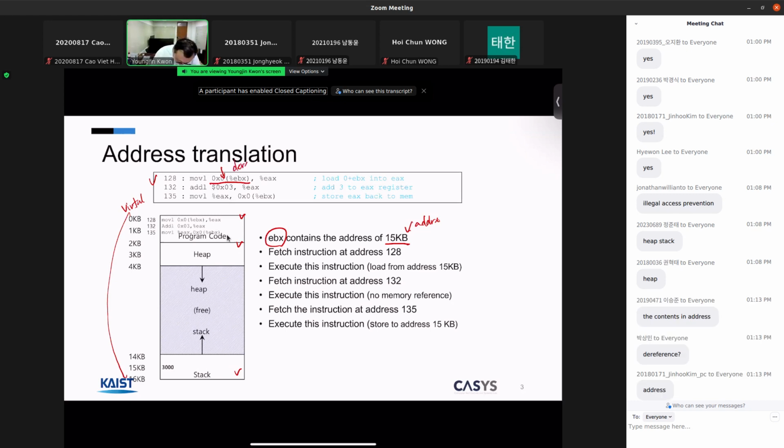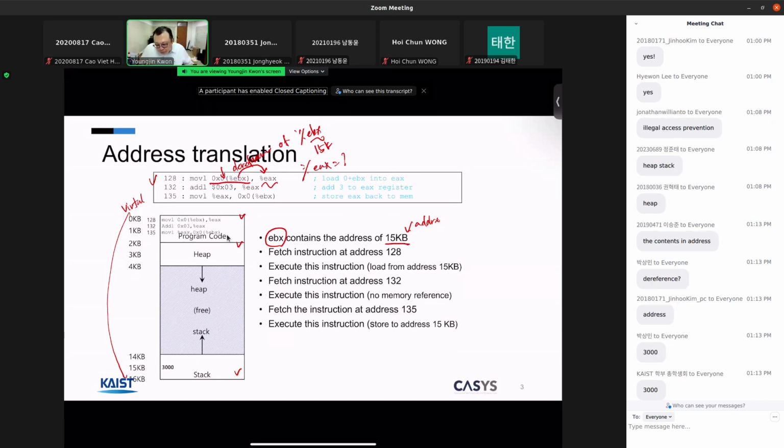It dereferences register EBX, which is 15 kilobytes, and moves this dereferenced data to EAX. So what is the value of EAX? Here, 300. Okay, 300.